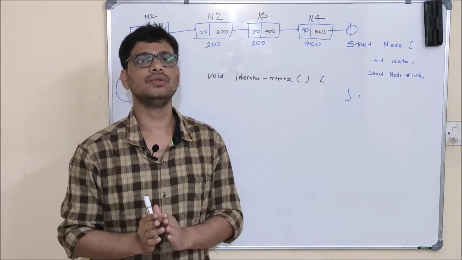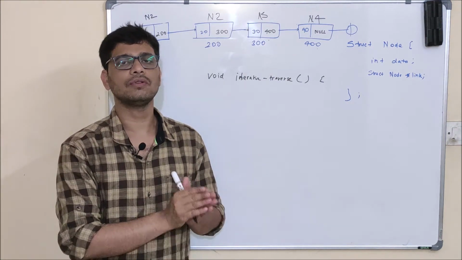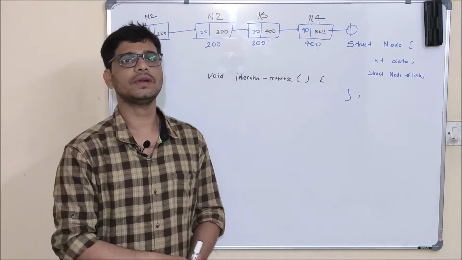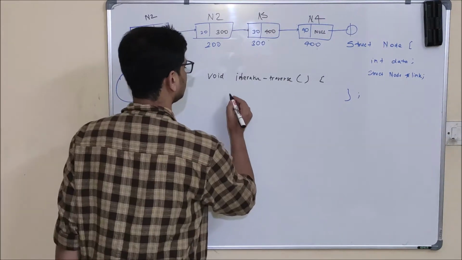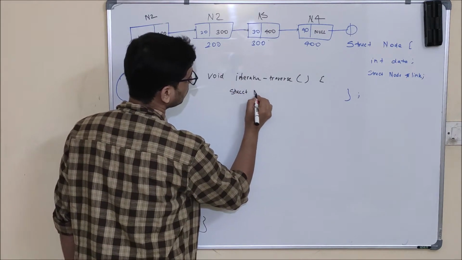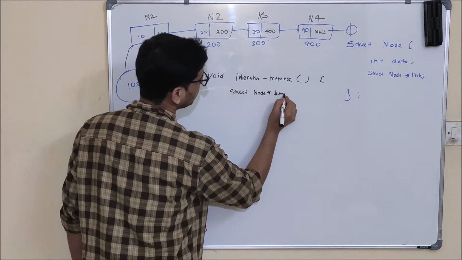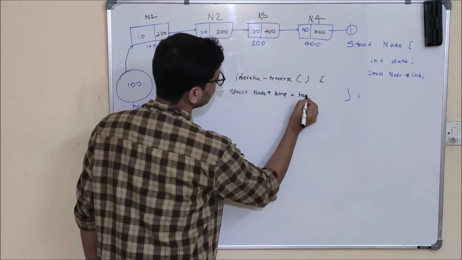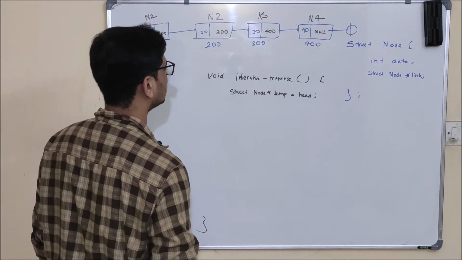So what I will be doing, I will be copying the address of the first node from the head pointer to a temporary pointer which I will be using to traverse the list. Struct node star temp equal to head. I will be using this for traversal of the linked list.